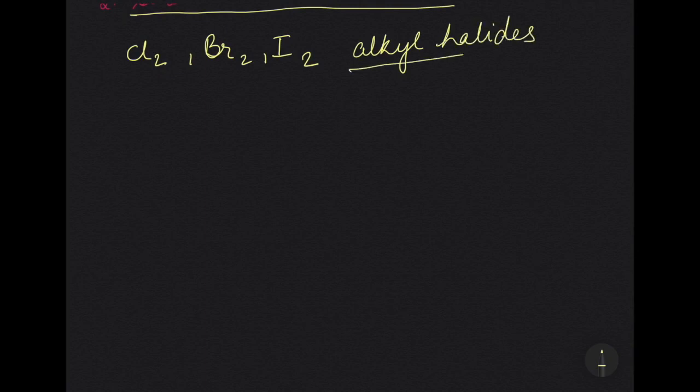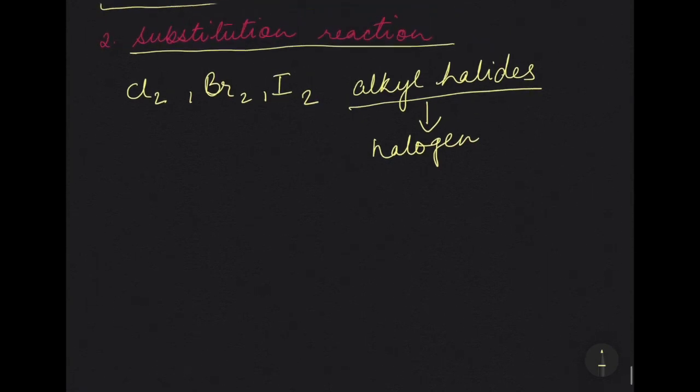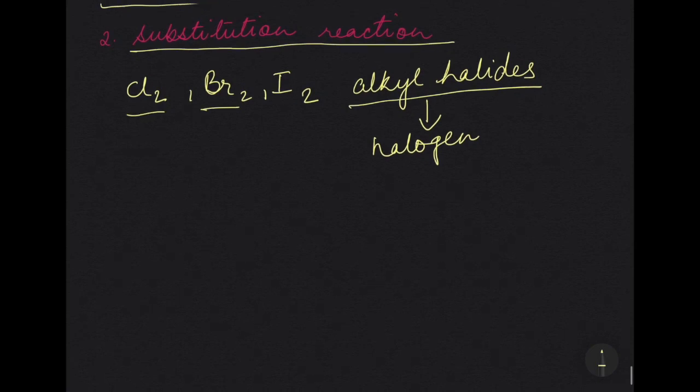So alkyl halide contains one or more halogen atoms. Okay, you know what halogens are: fluorine, chlorine, bromine, iodine. So here we are talking about the reaction of alkanes with either chlorine, bromine or iodine, which are halogens.